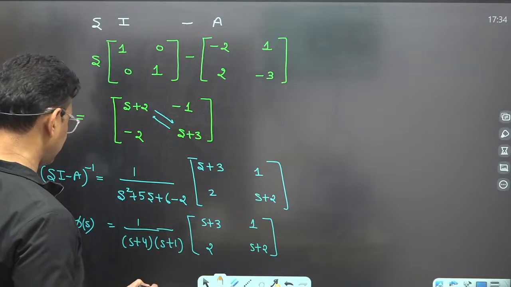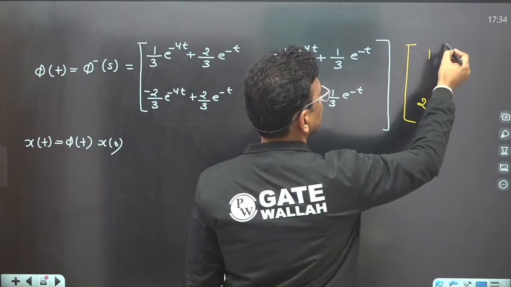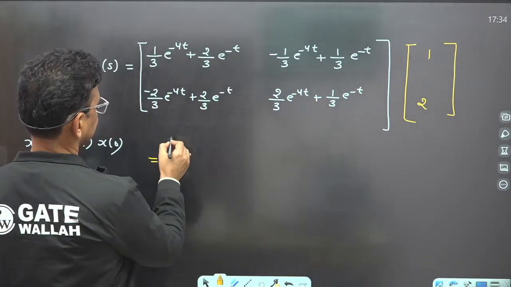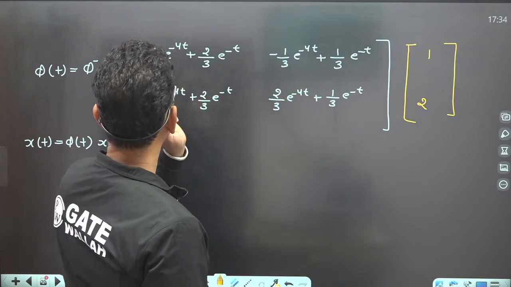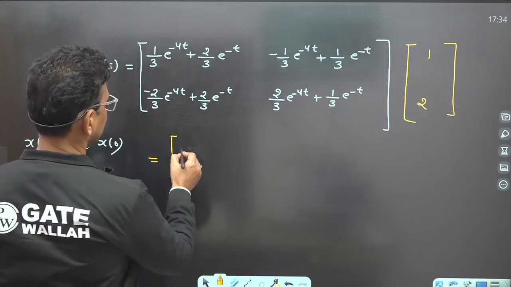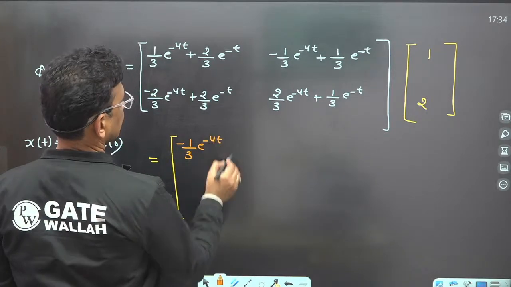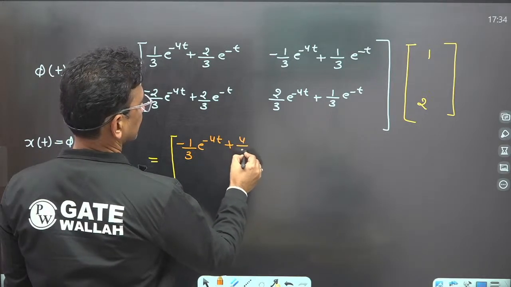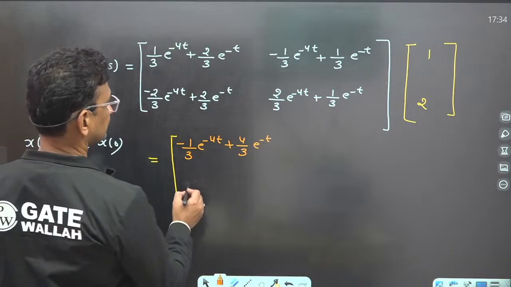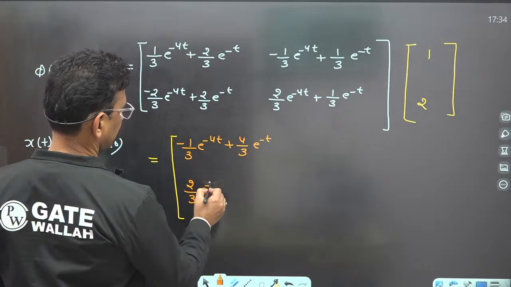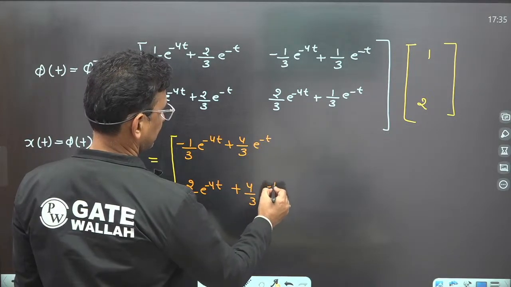So if I multiply this matrix by 1 and 2, what will you get? 1 2, minus 2 upon 3, 1 upon 3, that means minus 1 upon 3. 2 2 is 4 upon 3. 2 2 is 4, that means 2 upon 3 e raised to the power minus 4t, again 4 upon 3 e raised to the power minus t.